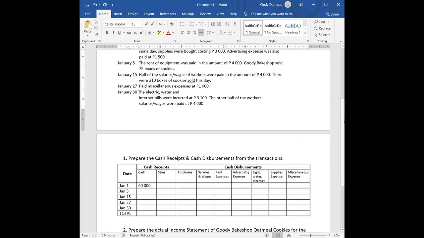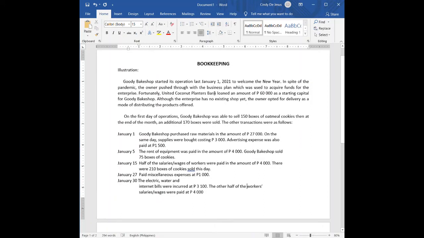Next number that you will see. So he has starting capital. On the first day of operation, it says here, he sold 150 boxes.